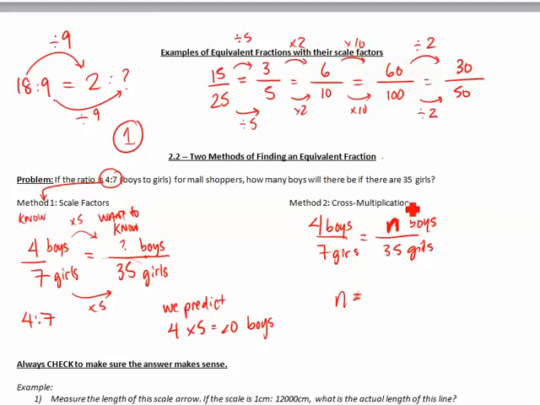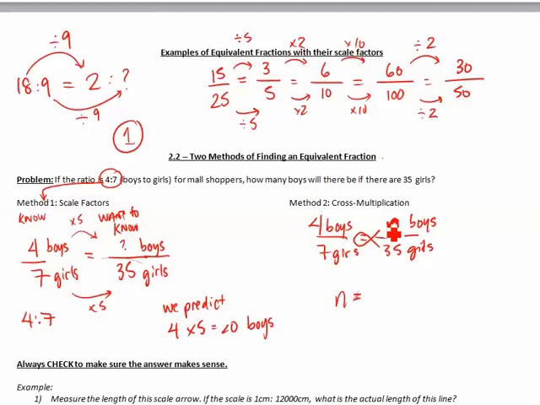we look at the way it's set up, and we see that the word cross multiplication means you multiply across. That means that 35 times 4 will be the same as N times 7. That's a little bit confusing, but what we can do is draw a little fish to help us with these numbers.